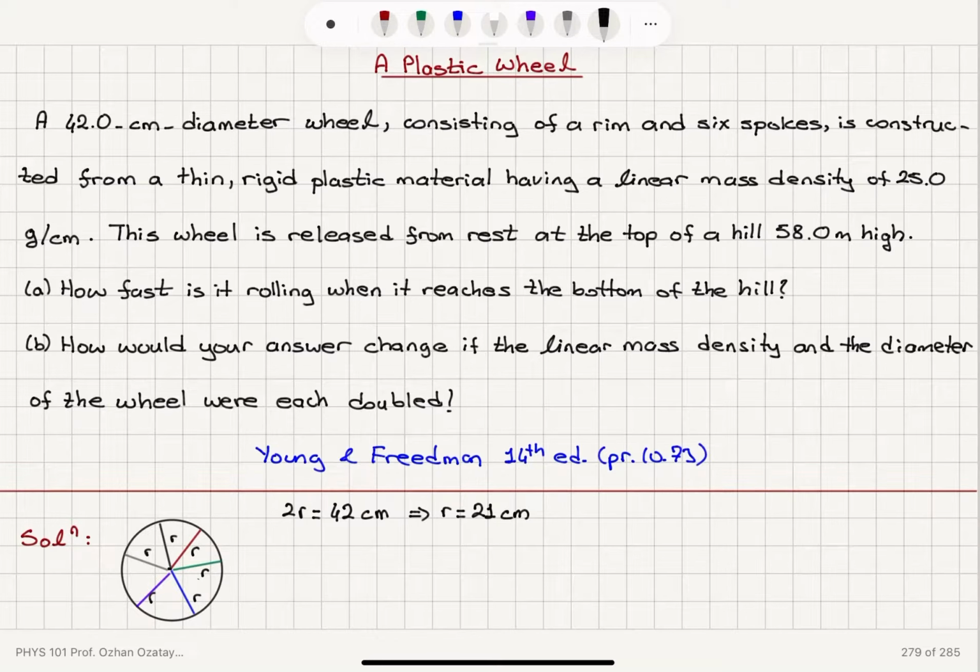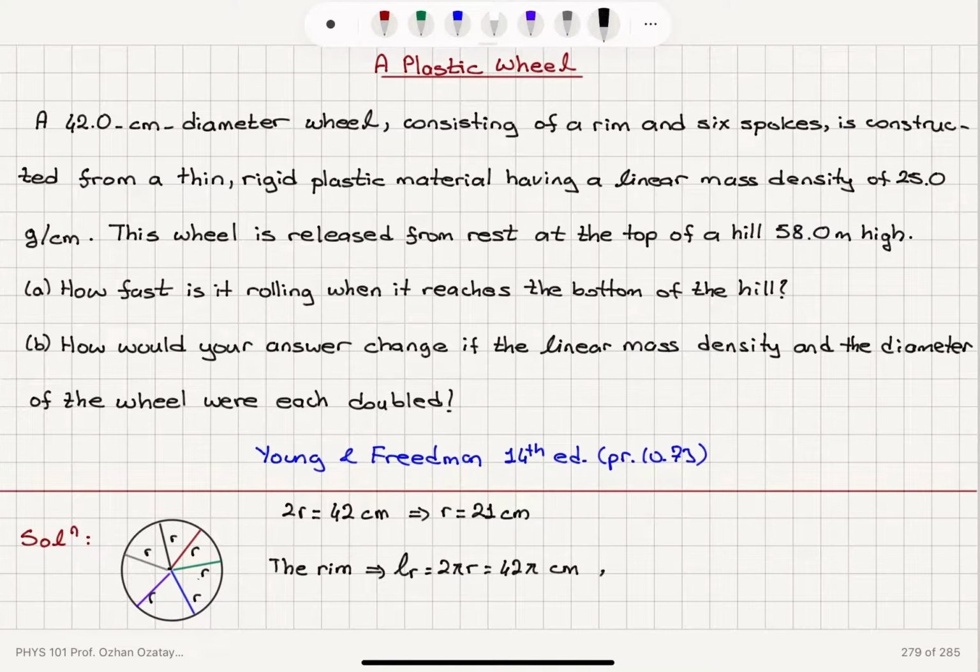Now, for the rim, which is the circumference, we have a total length which is equal to the circumference. The length of the ring L sub r is equal to 2 pi times the radius, so that's going to be equal to 42 pi centimeters.